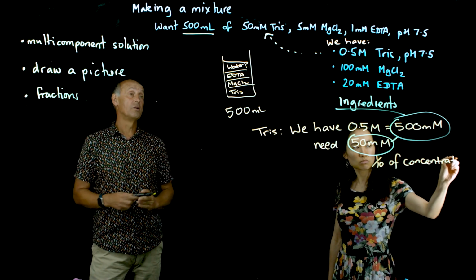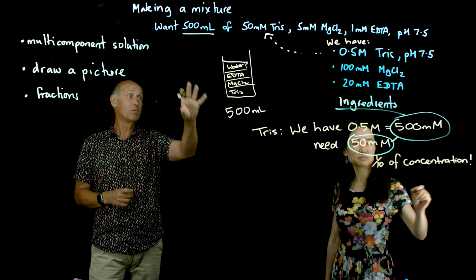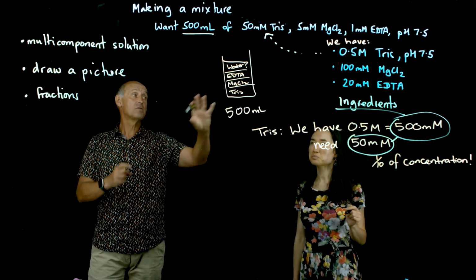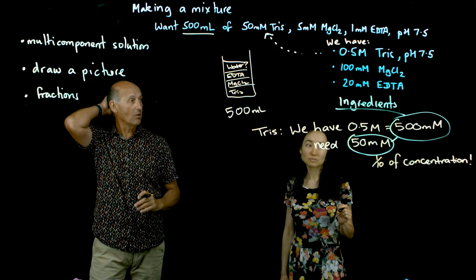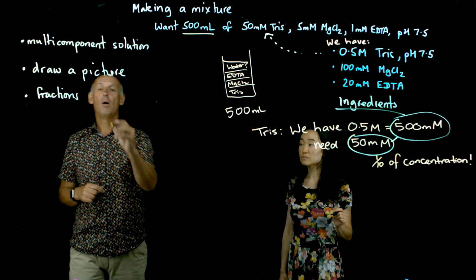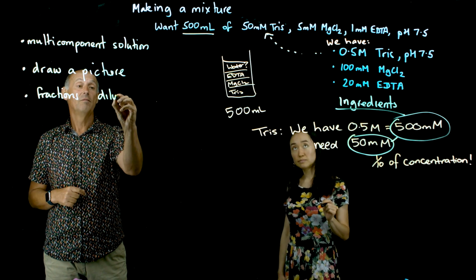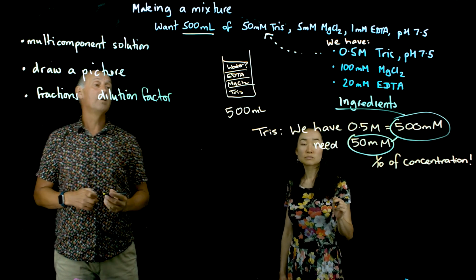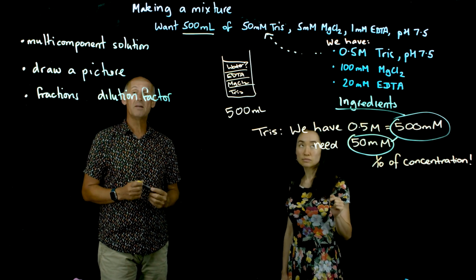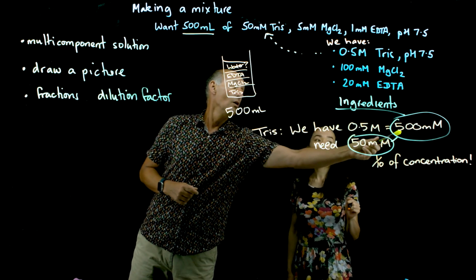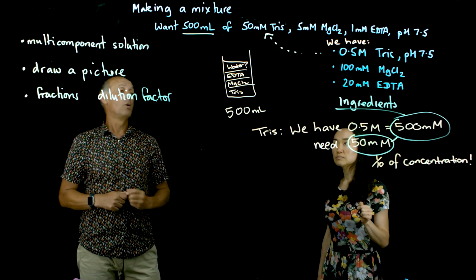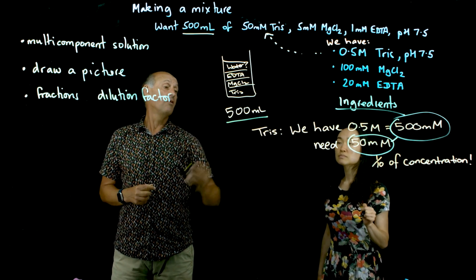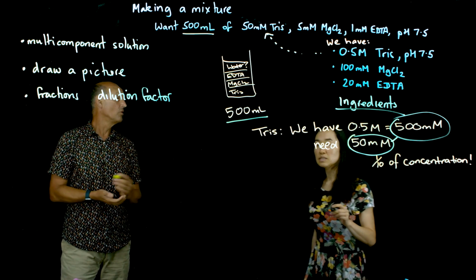The posh word for fractions when we're dealing with this type of multi-component solution, with the stock solutions and the final product, is a dilution factor. So we would say in this case that we need a dilution factor of 10 to go from the stock to the final.